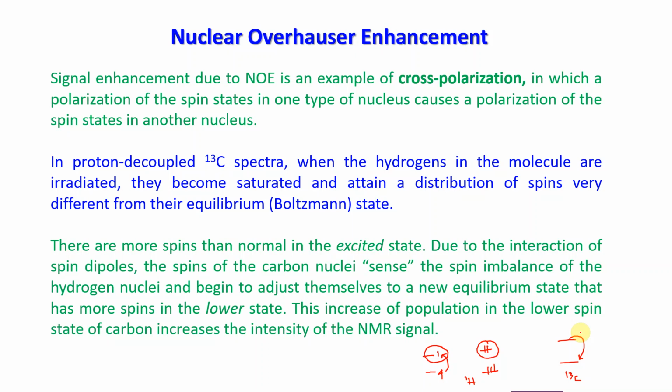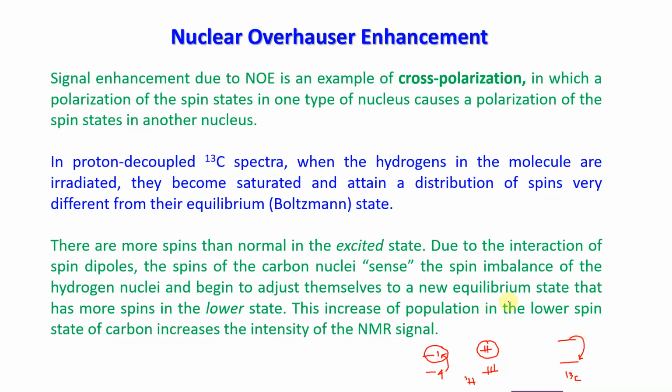Now when you are irradiating the proton nuclei, what happens? Its ground state population is going to decay and the excited state population is going to increase. Okay, now at the normal stage, before irradiating, it has a certain population at its excited state, and when it is in saturation, it has a different population in its excited state.